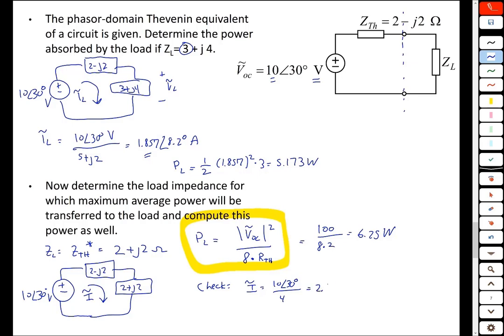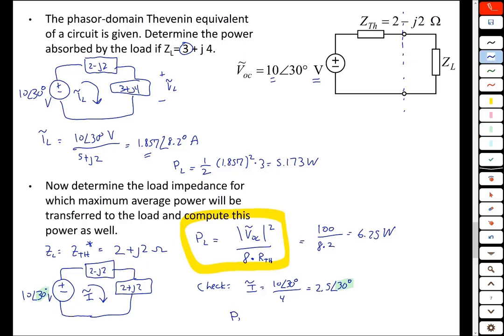So it's 2.5 at an angle of 30 degrees. One thing to note here, whenever you have maximum power transfer, the current is in phase with the Thevenin voltage. That's one of the features of maximum power transfer. Because the imaginary part of the impedance of the load cancels with the Thevenin impedance, you're always going to get the current in phase with the voltage.